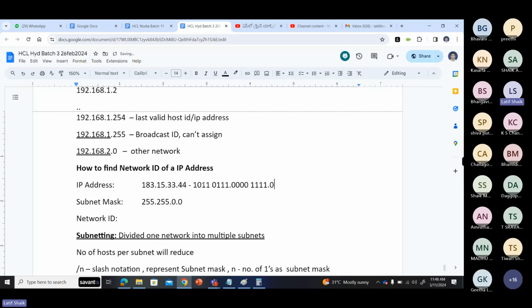Then 33 again, 0 0 1 0. This is 32, so I need 33. If you know the technique, you can write again 0 0. If you remove 32, then it becomes full. So again it is 16 8 0 1 0.